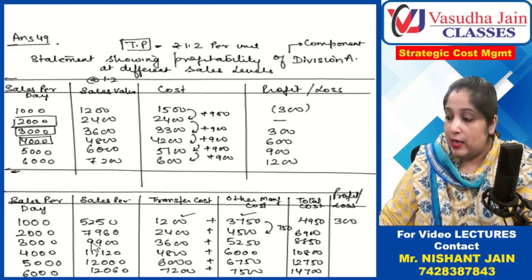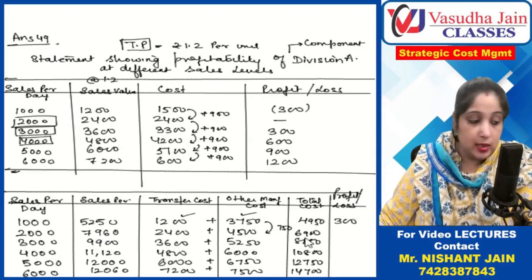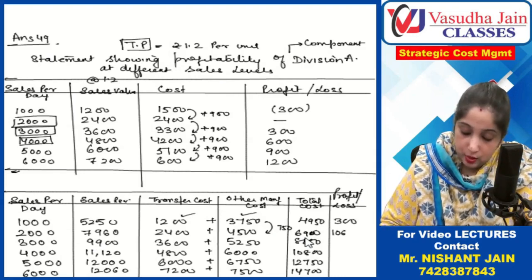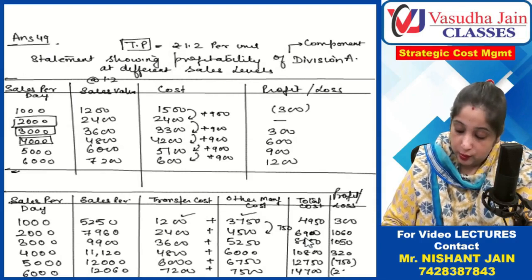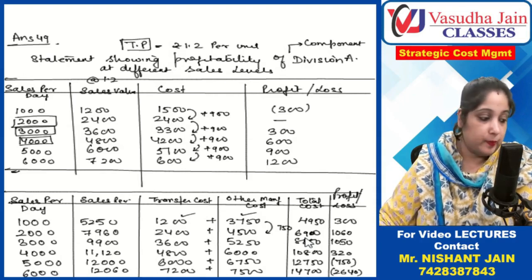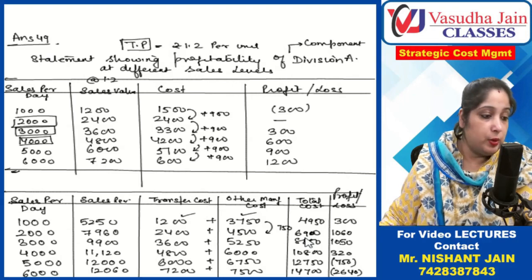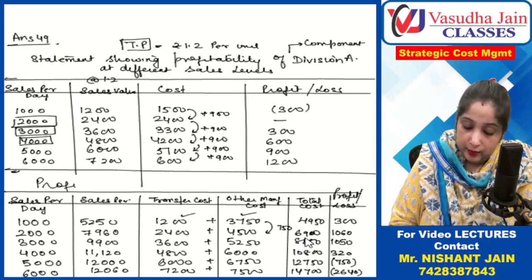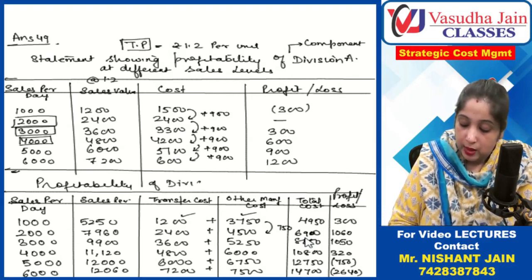Second case 7960 revenue minus 6900, so you get 1060, then 1050, then 320, and then there is a loss of 750, and then there is a loss of 2640. I hope it is visible to you. So this is the profitability of division B.